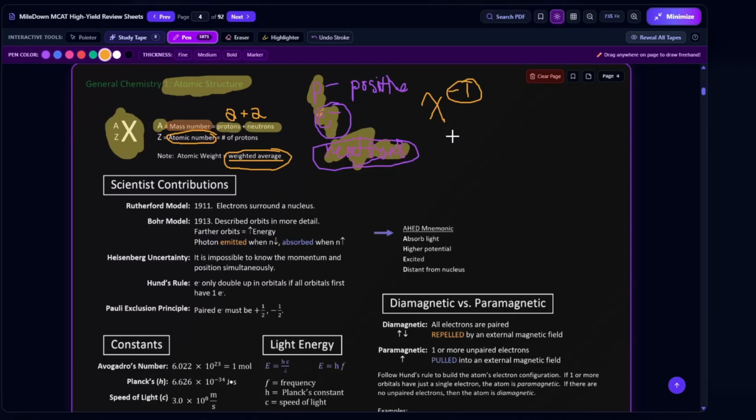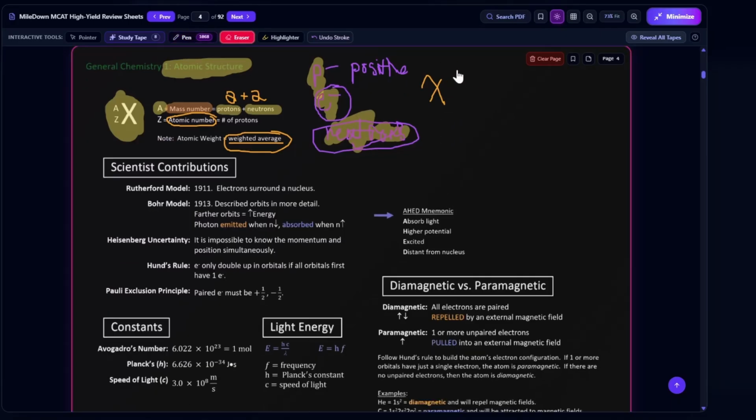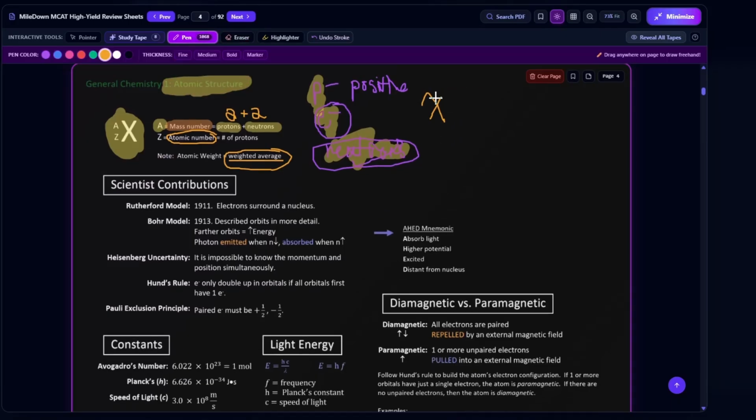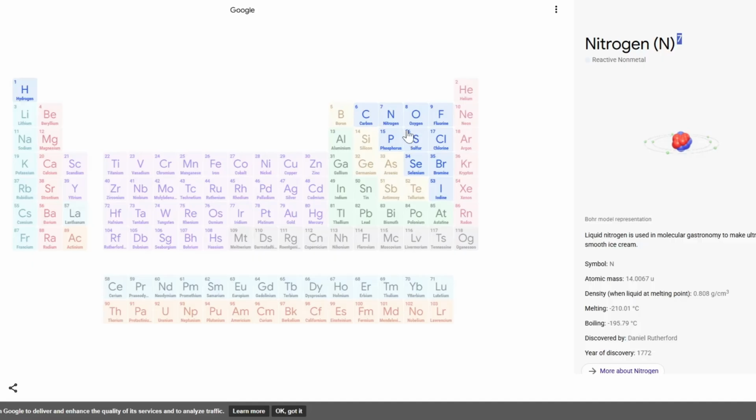Then what happens? Well, you gain an electron, right? But the number of protons will never change. You can only gain an electron and it'll become negative, or you can lose electrons and you'll become positive. So we're only ever gaining or losing those electrons. The number of protons we're not gaining or removing, or else that would totally change the element we're dealing with.